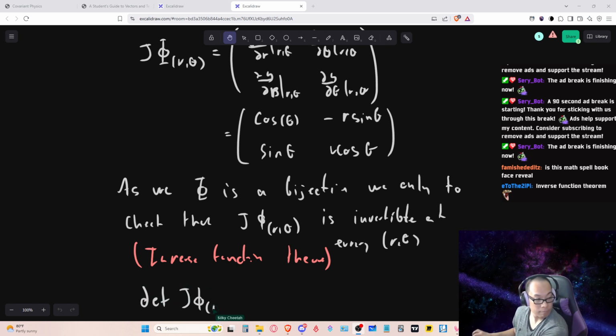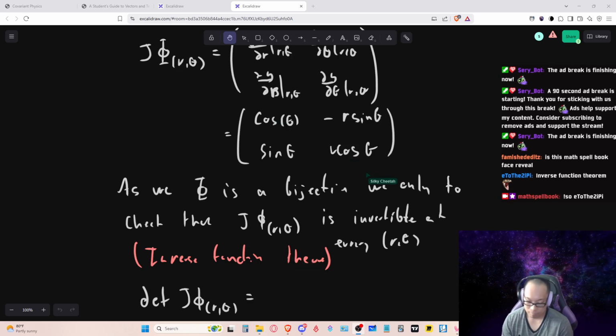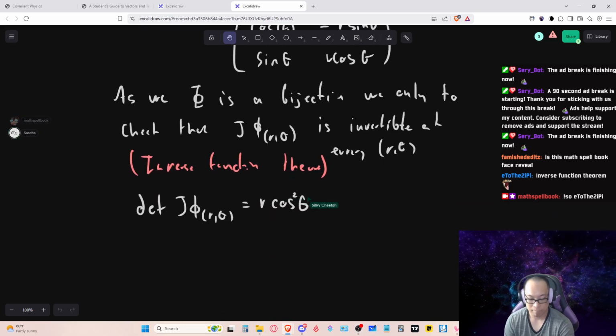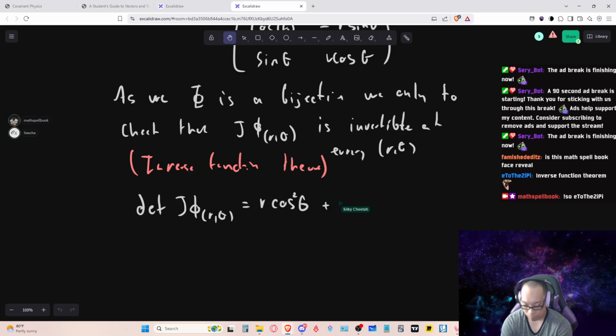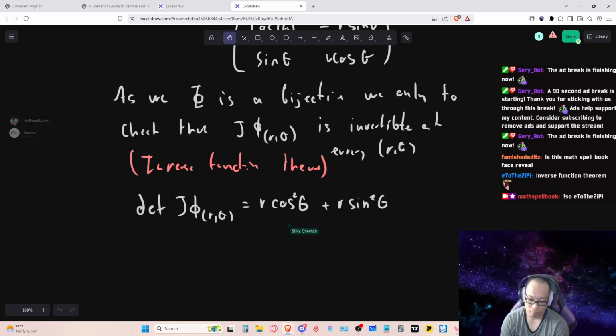So the determinant of this at the point r theta. What would it be? We will have cosine times r cosine, so we get r cosine squared, and on the other diagonal we have plus r sine squared theta. Why are you doing the determinant again?